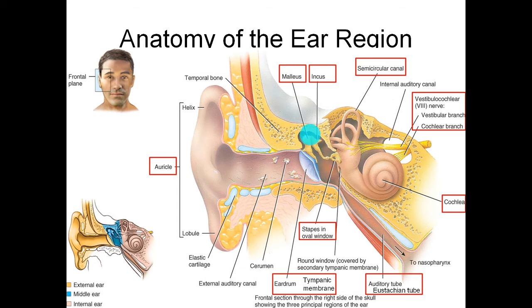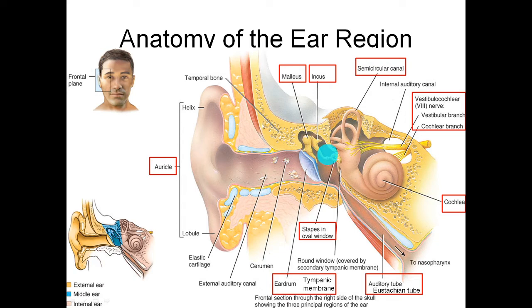You've got space in this middle ear, and this space has air in it. Well, it's going to be really uncomfortable if the air inside your middle ear doesn't match the air in the world around you. So what happens is you can pop your ears. So when you pop your ears, you kind of yawn and you open up this eustachian tube, which allows air to move in and out of your middle ear.